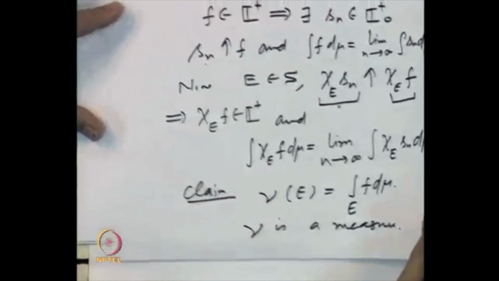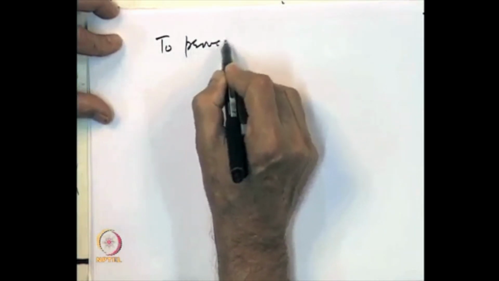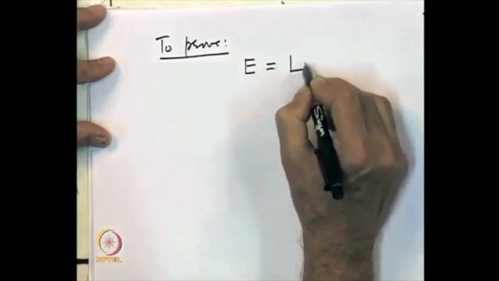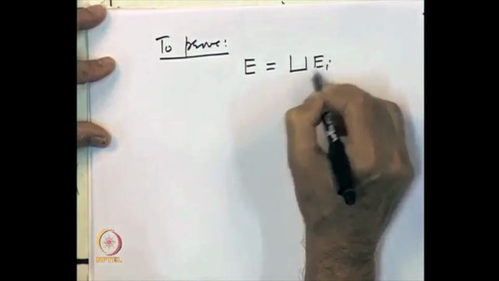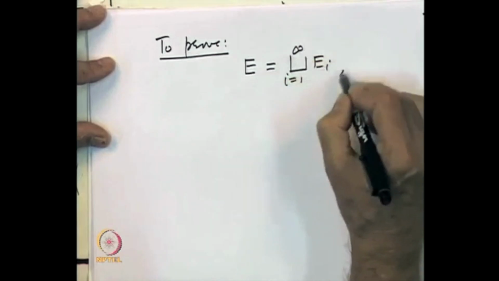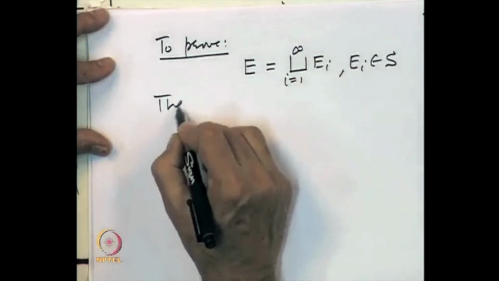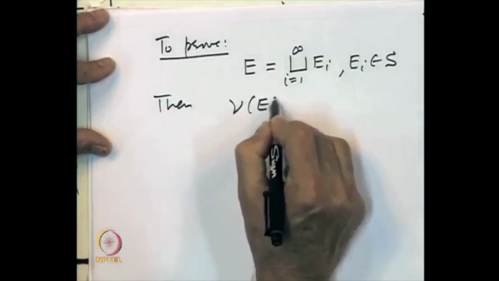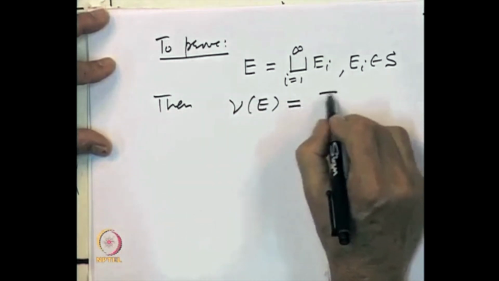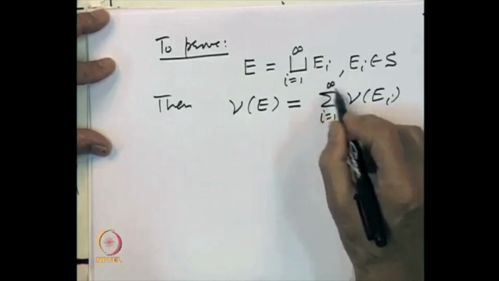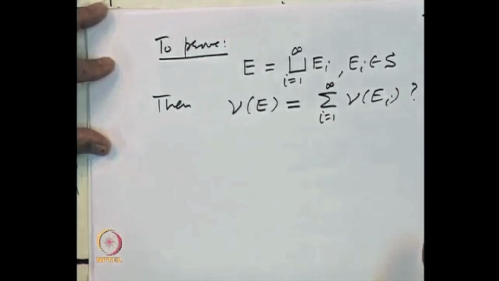So to prove this, what we have to show is the following: that if a set E is a countable disjoint union of sets Ei in the sigma algebra S, then we want to show that nu of E is equal to the sum of nu of Ei, i equal to 1 to infinity. So this is what we have to show.